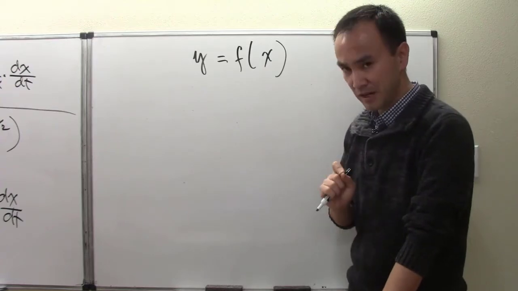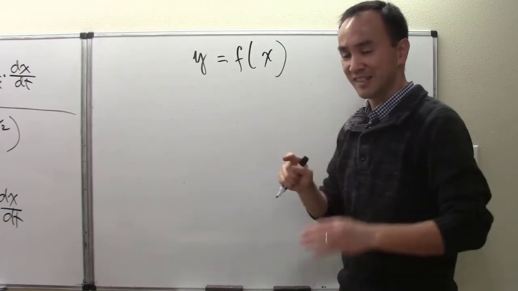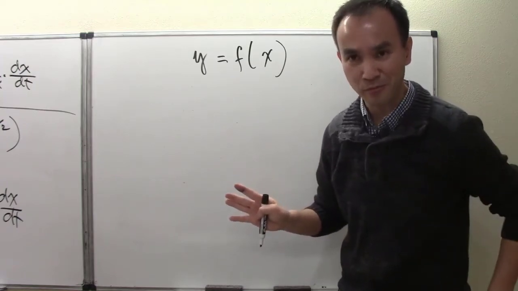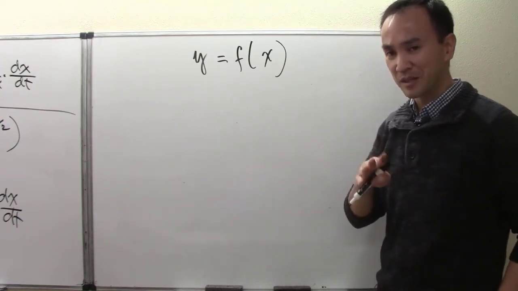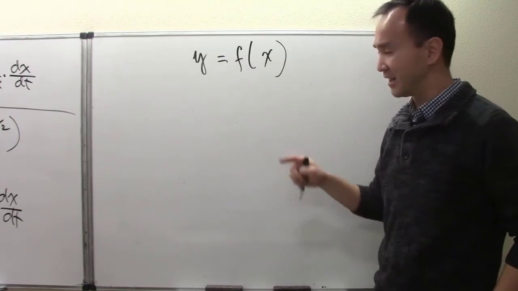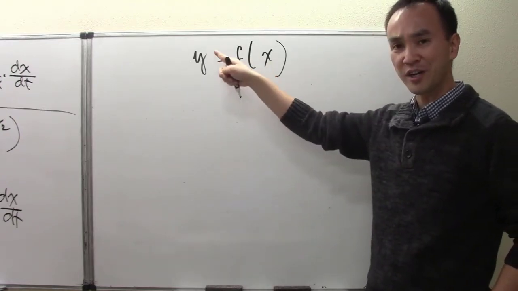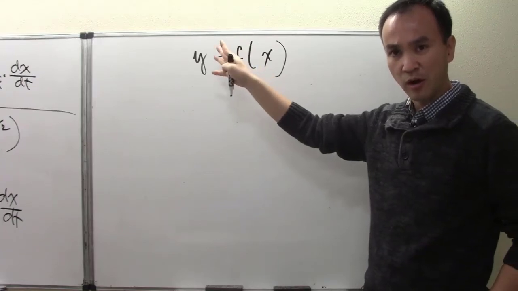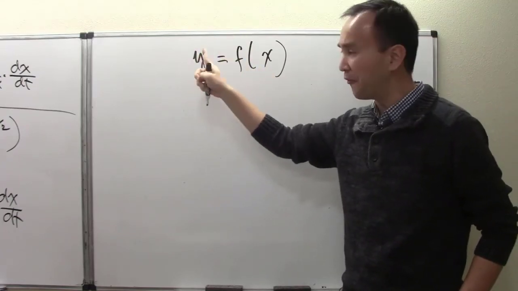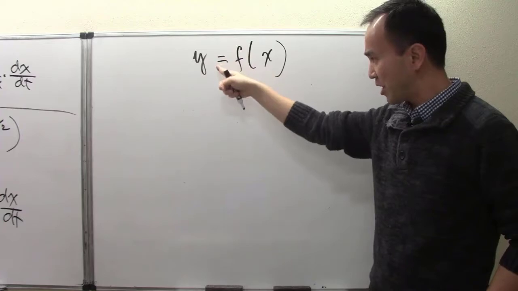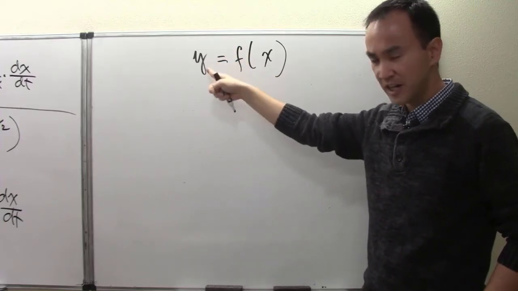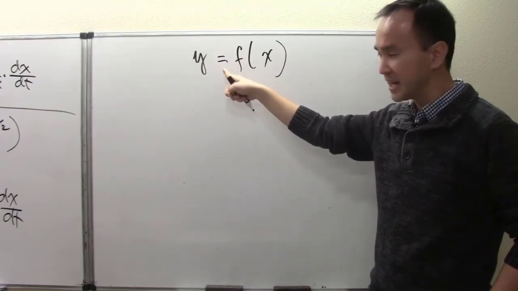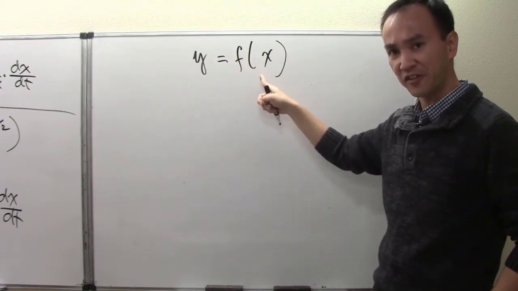Again, a lot of times throughout your process, working through a lot of application problems out there, working on related rates, you're in that situation where your equation right from the beginning is already in the form of one variable being expressed explicitly as a function in terms of the other one.